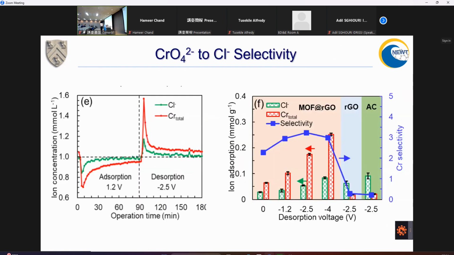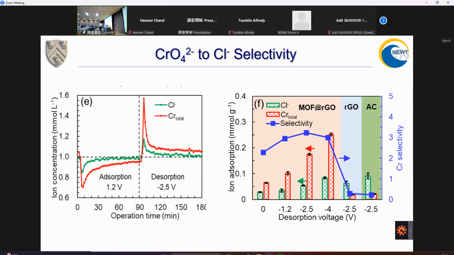So I wanted to make another point here to highlight the selectivity compared to the chloride. Again, this is the data obtained at a desorption voltage of negative 2.5 volts. Here you can see the absorption for hexavalent chromium is much higher than that for the chloride.